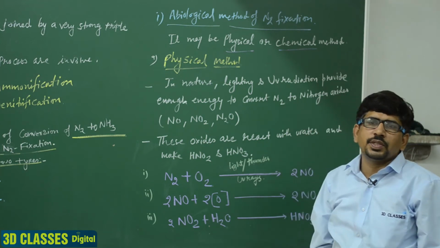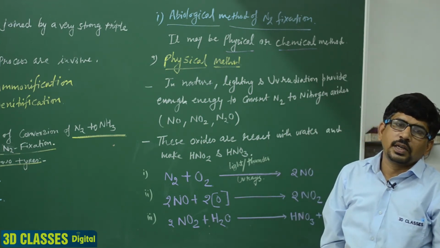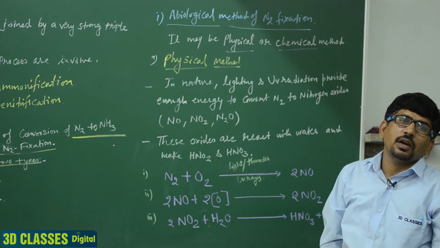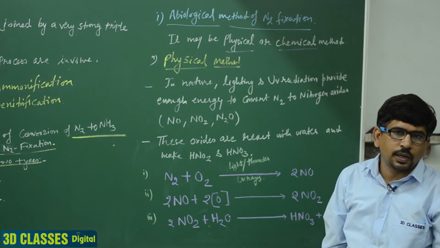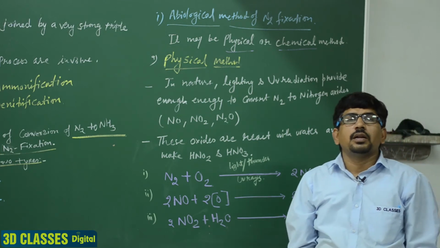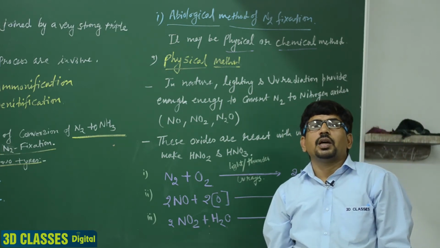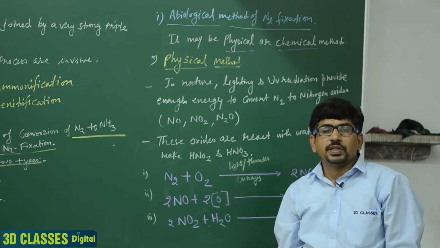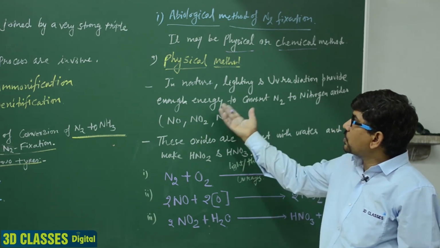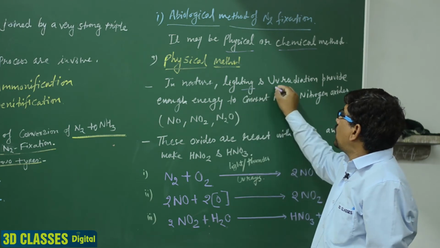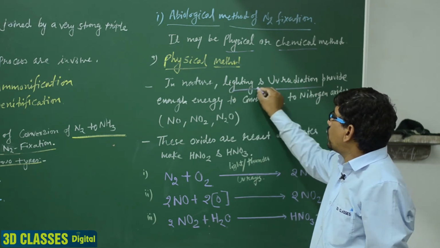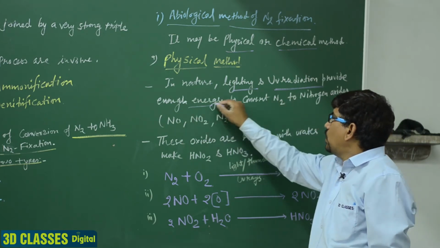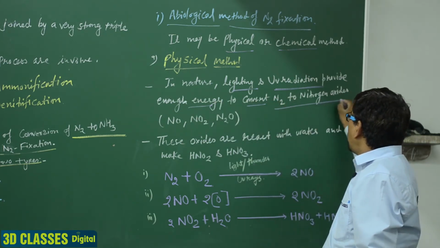Physical process means physical factors are involved in the fixation of N2; that is known as physical nitrogen fixation. Clear? The physical factors are UV rays, light, temperature, and thunder. In this process, lightning and UV rays provide the energy to convert N2 into nitrogen oxide.